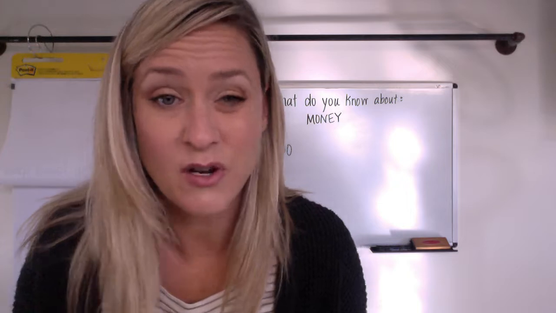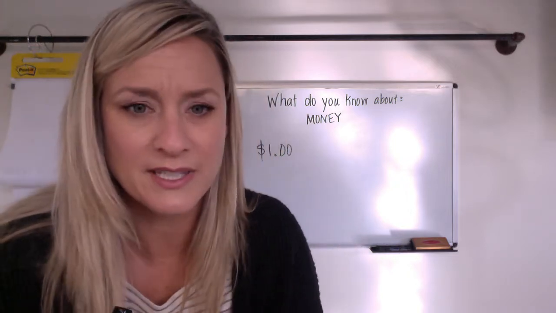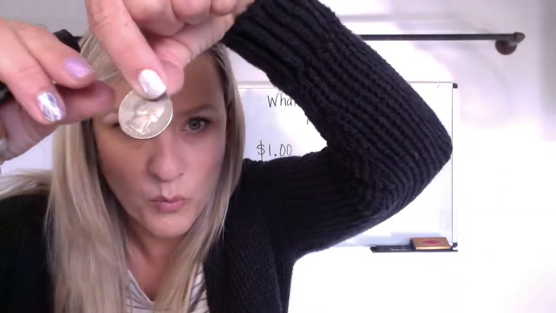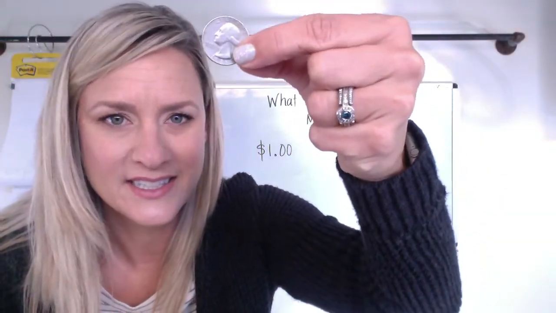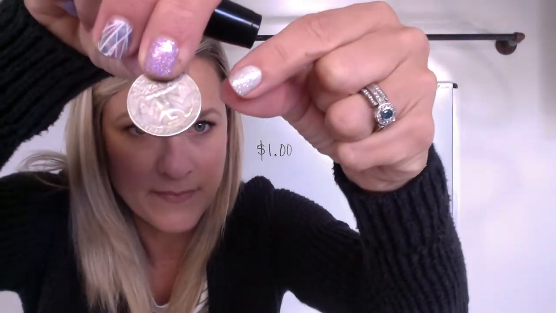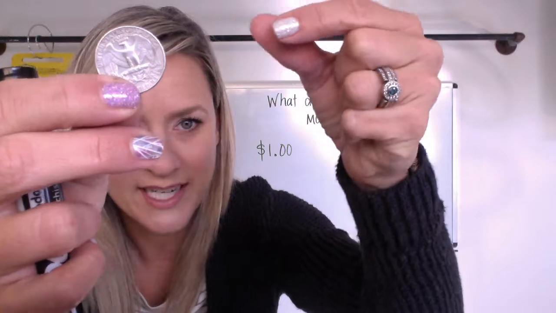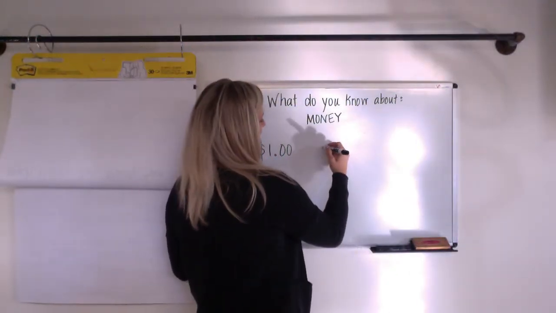Okay, I'm going to guess you know more about money than just dollars, though. I'm going to guess you probably know about cents, too. What coin is this? Let me show you the back. It is a quarter. A quarter is worth 25 cents.